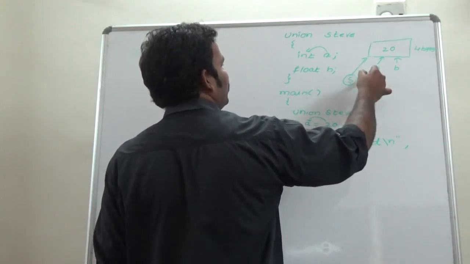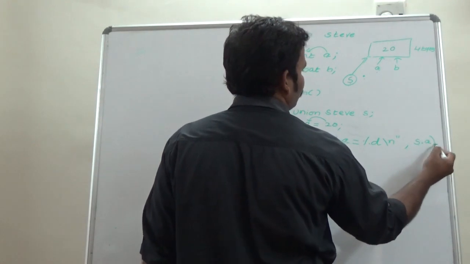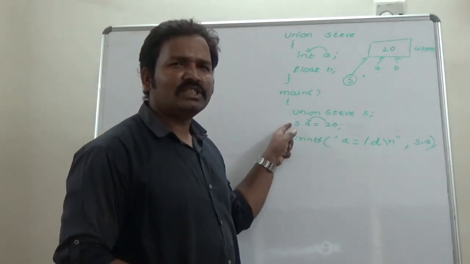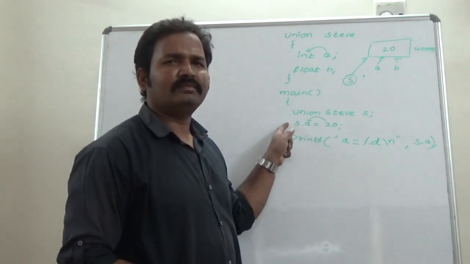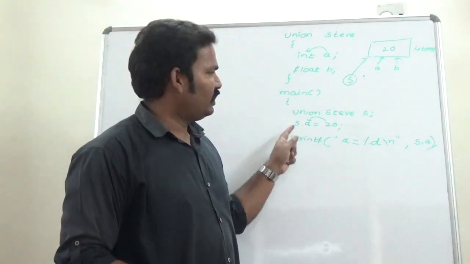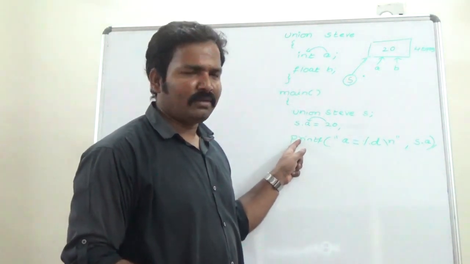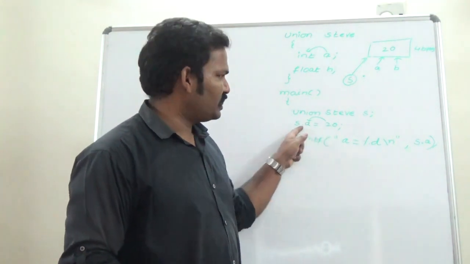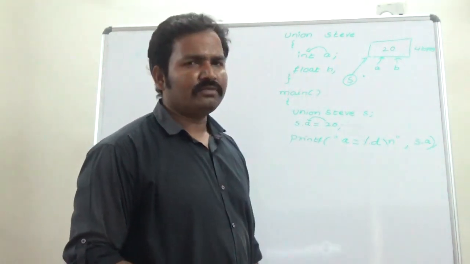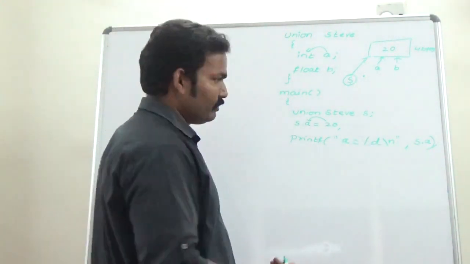Object name, direct access operator, member name: S dot a. Clear? So this is initialization of a union member variable and accessing a union member variable.